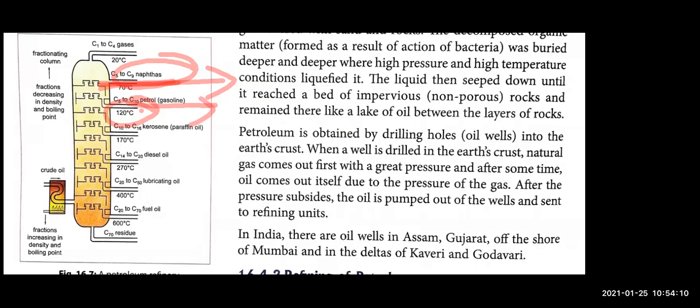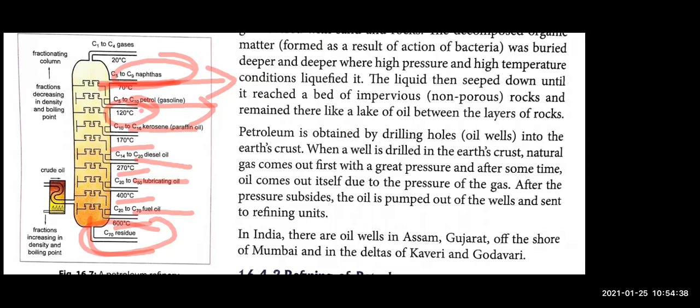Then you increase the temperature further: 170, 270, 400, 600, and the sub-constituents get separated, and you collect them from different slots. At the last, what is left is your residue, which is collected from the bottom of the furnace, right?